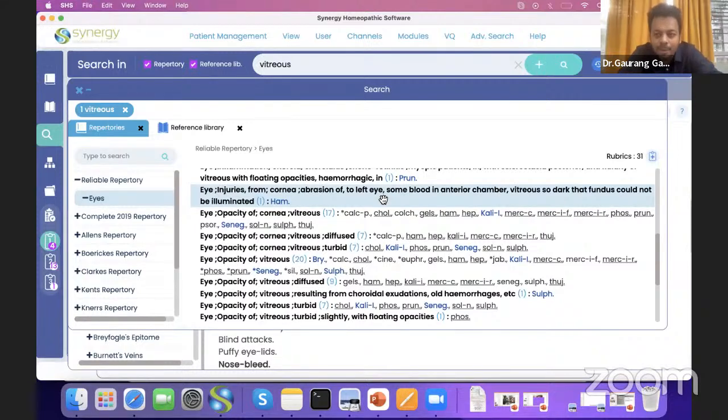The main feeling in Hemorrhage is that I should be respected, that I should be appreciated, that I should be given a value, a little bit like Staphylococcus aureus. But the feeling is much deeper in Hemorrhage. The feeling is as if the ego is injured. There is no suppression of anger like Staphylococcus aureus. So Hemorrhage is another very, very beautiful remedy. So there are many, many remedies like that.